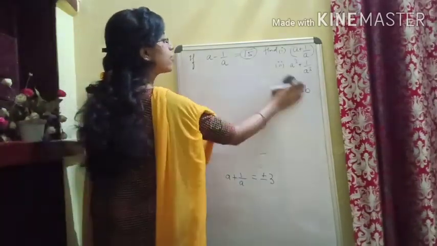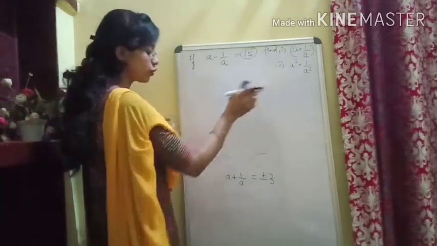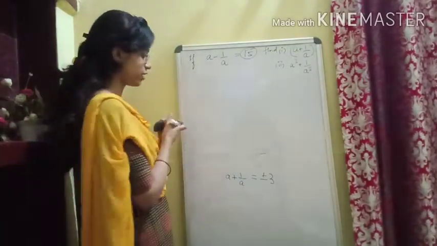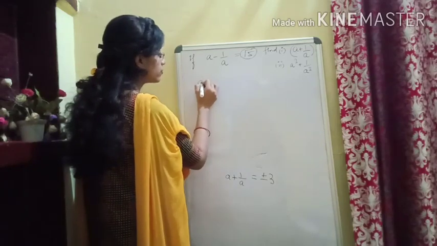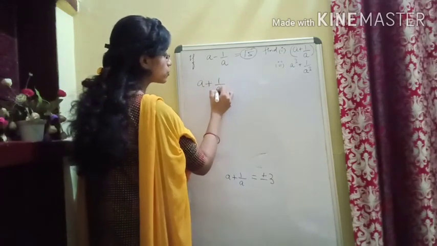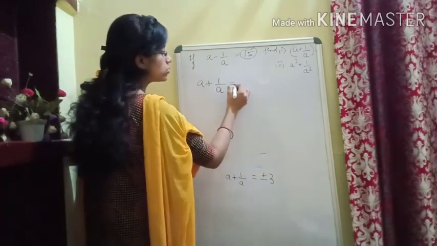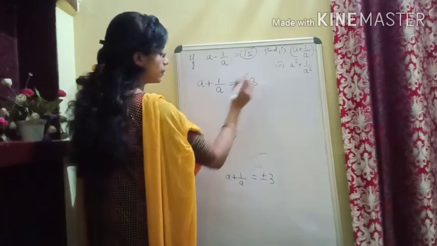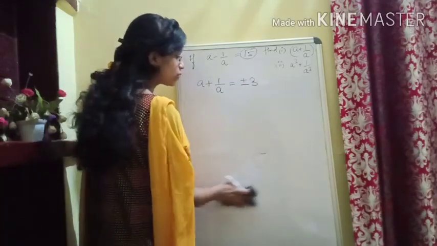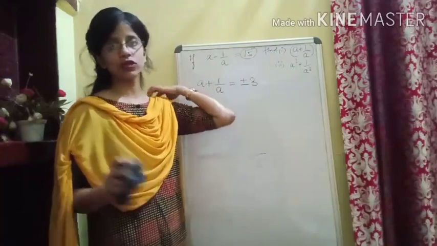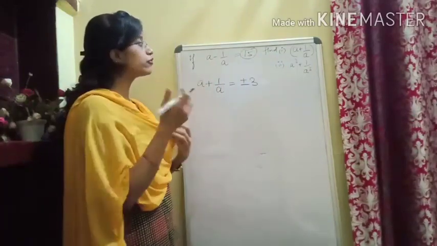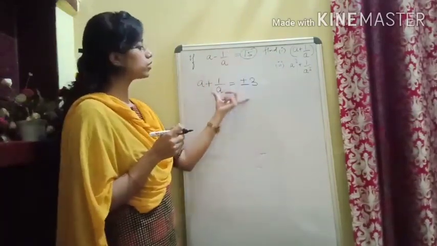Okay, so now we have to calculate the second part of the question, and here you need to be very careful. What we have calculated is a plus 1 upon a equals plus minus 3. Now what to calculate is a cube plus 1 upon a cube. Of course, which information are we going to use, this one or this one?